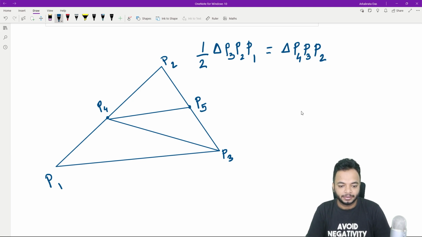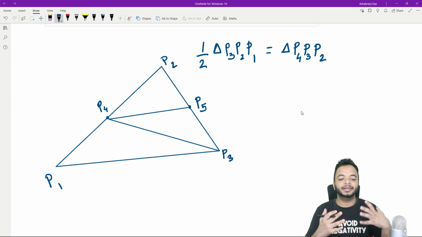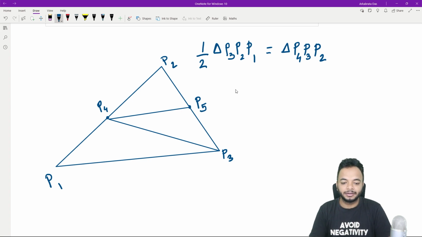Okay, so we have the first triangle, and then the second triangle's area is halved. Now let's talk about the nth step, or the n minus 2th triangle, that is Pn, Pn-1, Pn-2.